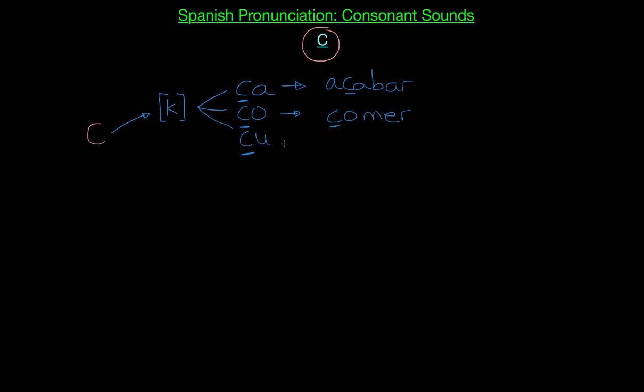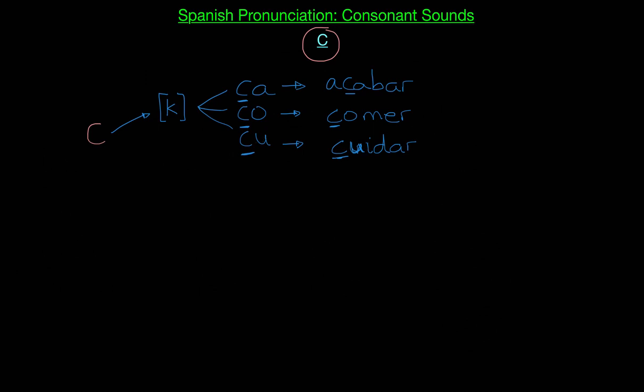An example of ku would be cuidar, to look after. This is a U, by the way, and not a very pretty one. Acabar, comer, cuidar. So this happens when this C is in front of A, O, U. Not too complicated there.